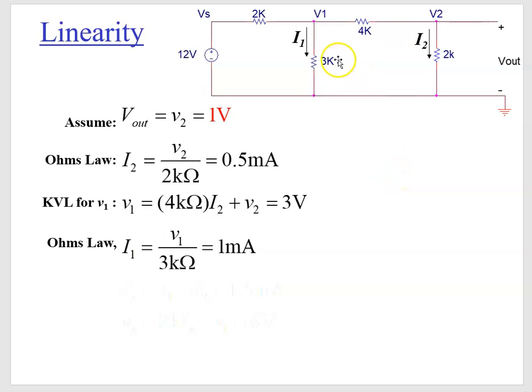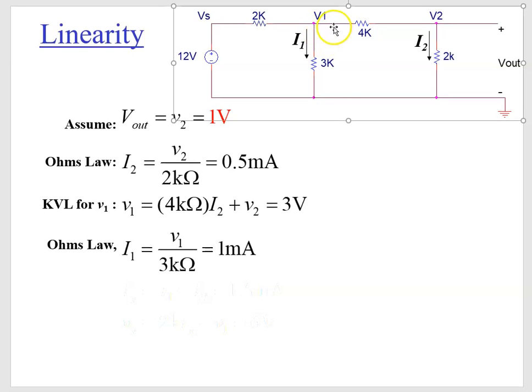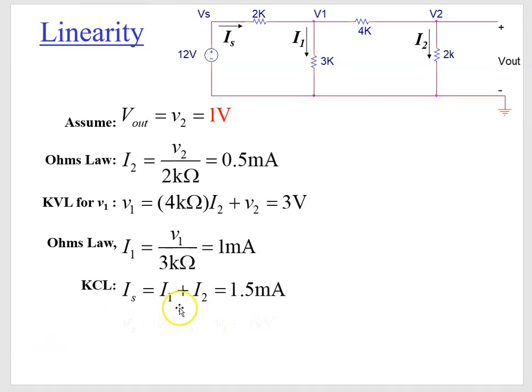And then we can use our Ohm's law. We know what V1 is, that's 3 volts. So by Ohm's law, our I1 must be equal to V1 over 3 kilo ohms, or 1 milliamp. And then we can finally use our KCL. IS is equal to I1 flowing out plus I2 flowing out, which is equal to 1.5 milliamps.